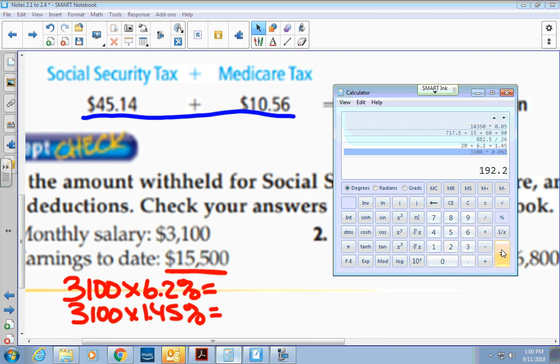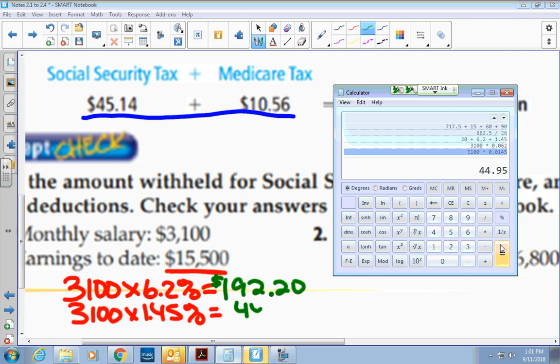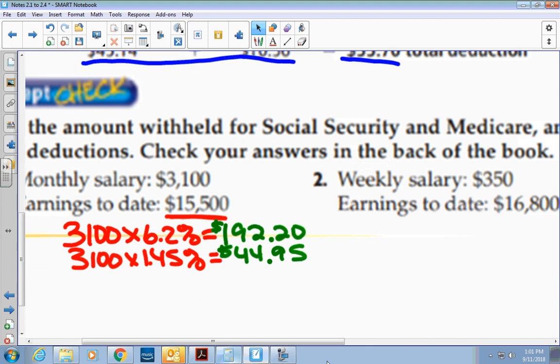So it's $192 for Social Security. And it is $44.95 for Medicare. And we add those together to find the total.